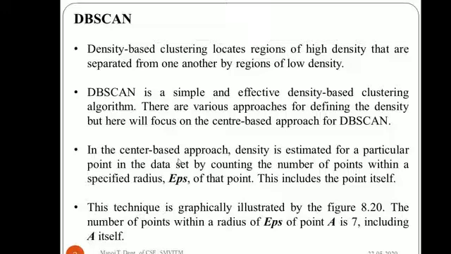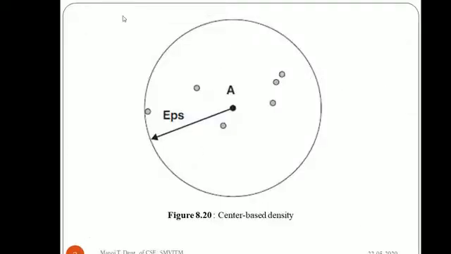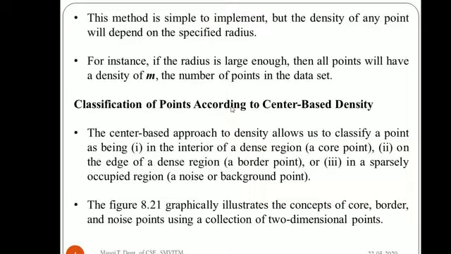This technique is graphically illustrated in the figure, where the number of points within a radius of EPS of the point A is 7, including A itself. If you take a center based density, you can count the number of points within this EPS radius, that is 1, 2, 3, 4, 5, 6 and 7, including the point A. This method is simple to implement, but the density of any point will depend on the specified radius.